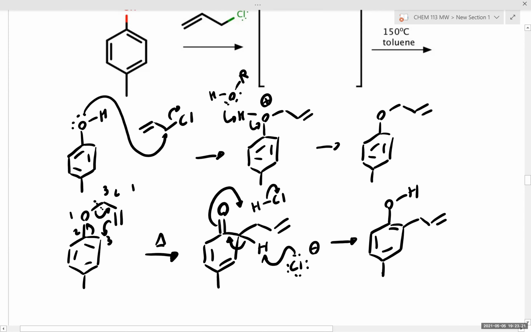Does this mechanism for each step in the reaction sequence make sense to everyone? Any questions on this example?